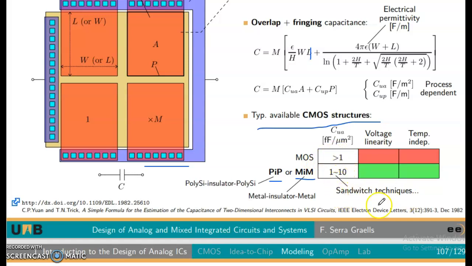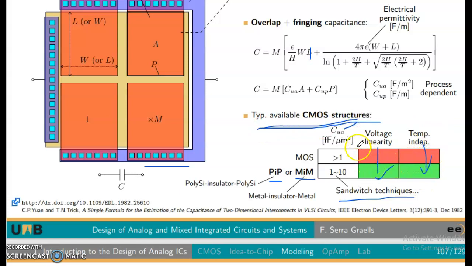Here 1 to 10, sandwich techniques. Voltage linearity, temperature independent, CUA for process in F, small f capital F, divided by micrometer square.